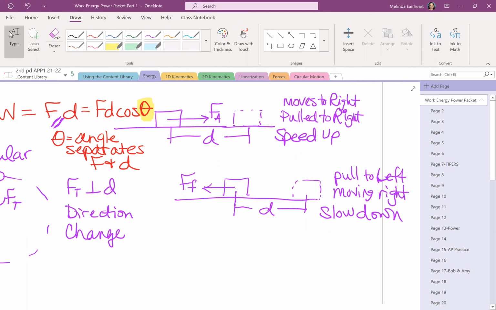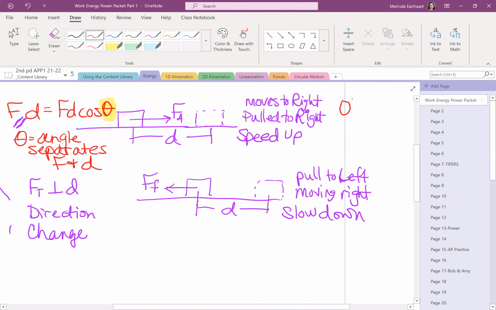And so in the first example, this is 0 degrees. What's cosine 0 degrees? Not 0, 1. And more specifically, a positive 1.